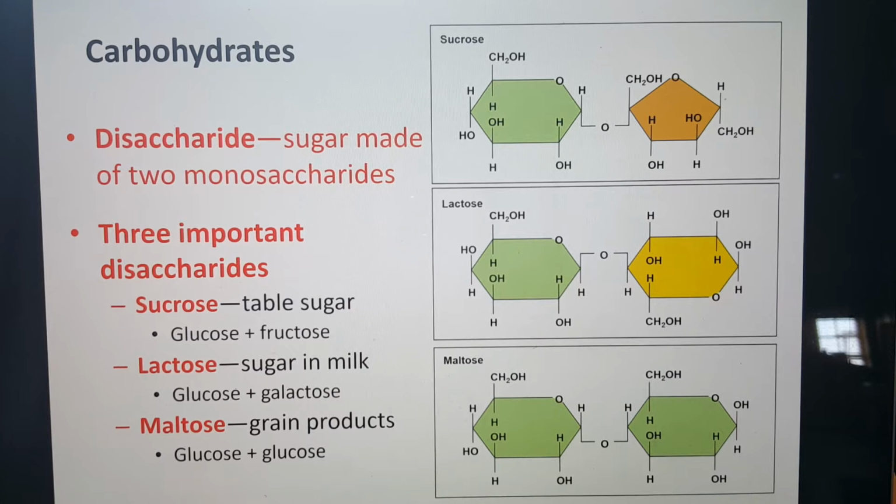Over time, we stop nursing, so there's no point in still creating that lactase enzyme, and so we no longer are able to break down that milk sugar. Some people maintain the ability and creation of that enzyme, so they can have their dairy products and they're fine. Okay, the last one is maltose, which is found in grain products.